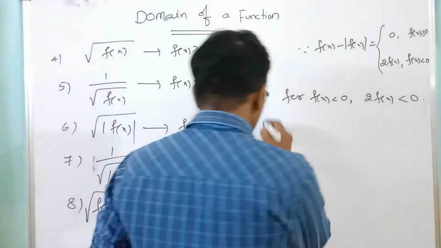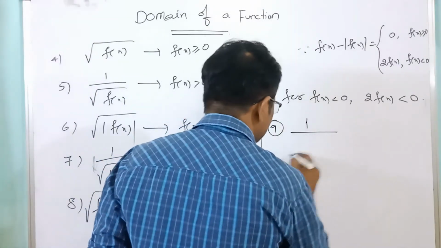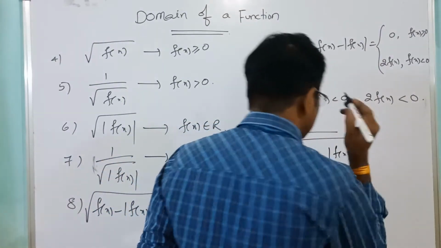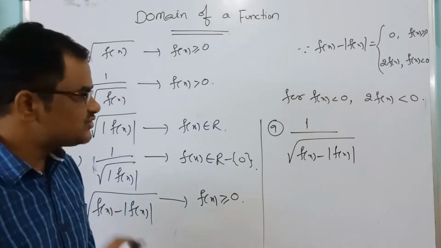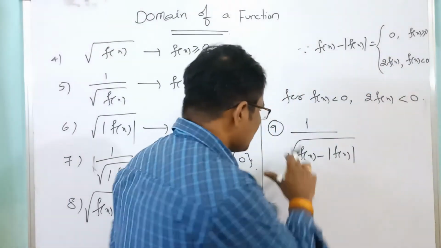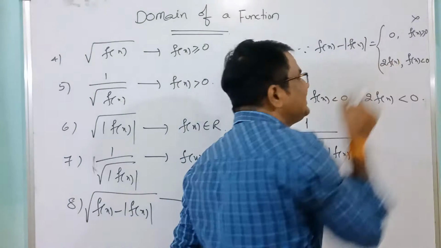Next, the ninth one, 1 by root of f of x minus modulus of f of x. Now observe that whenever f of x is greater than or equal to 0, the total is 0, and 1 by 0 is not defined, so this does not exist.